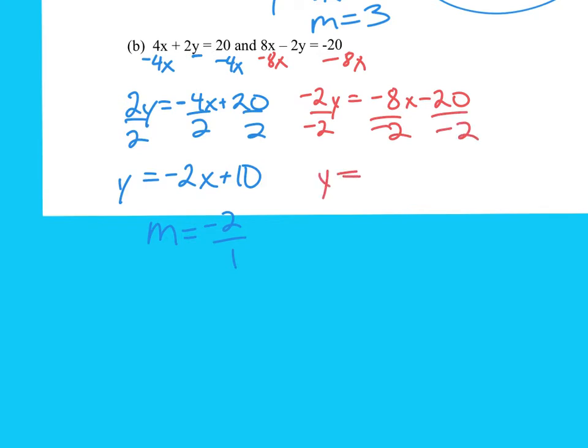Y equals 4x plus 10. Good. A negative divided by a negative is a positive. So the slope on this one is 4 over 1. Are those the same? No. So your answer is no. These are not parallel lines.